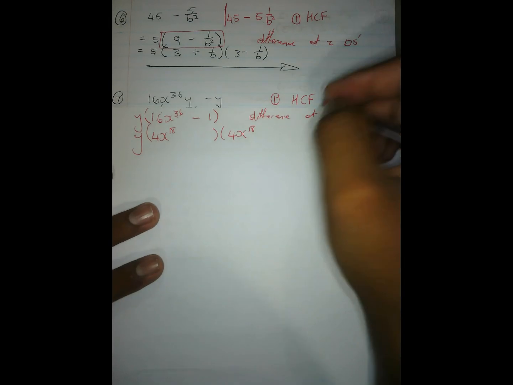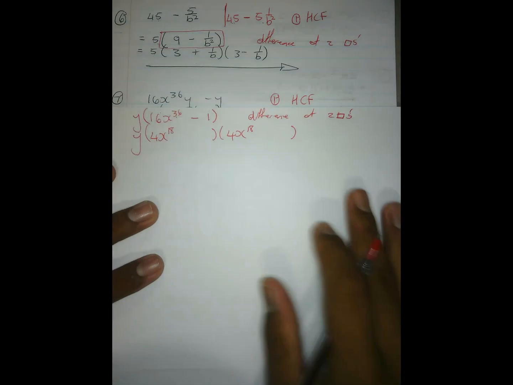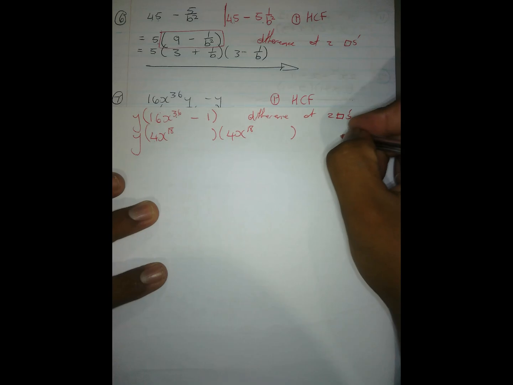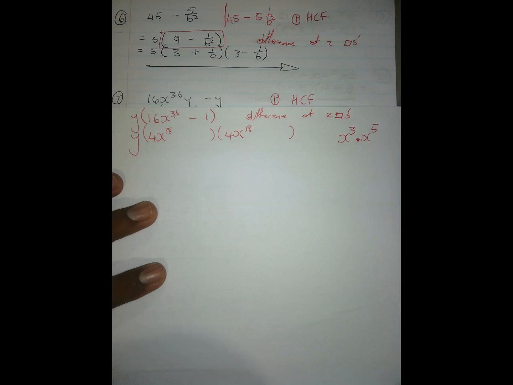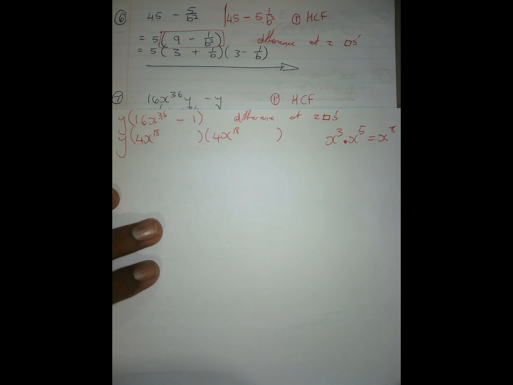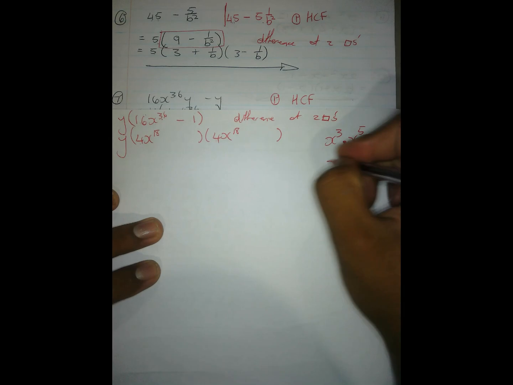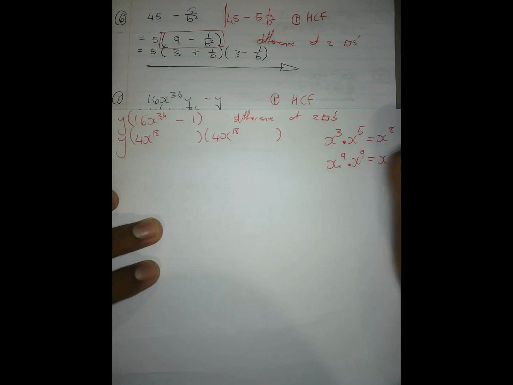So this law of exponents is saying if I have x to the power of 3 multiplied with x to the power of 5, I add the exponents. This gives me x to the power of 8. So x to the power of 9 times x to the power of 9 equals x to the power of 18.